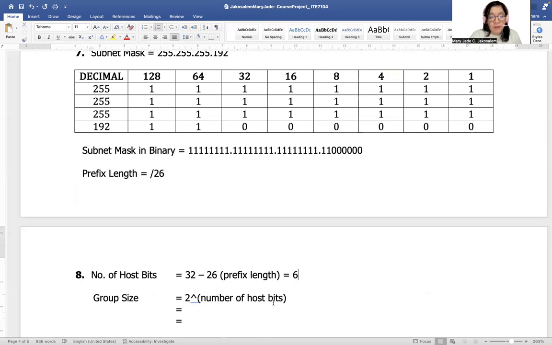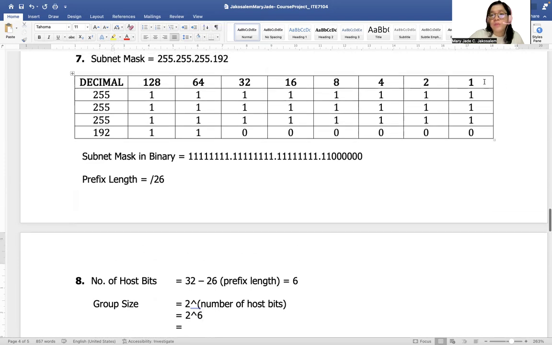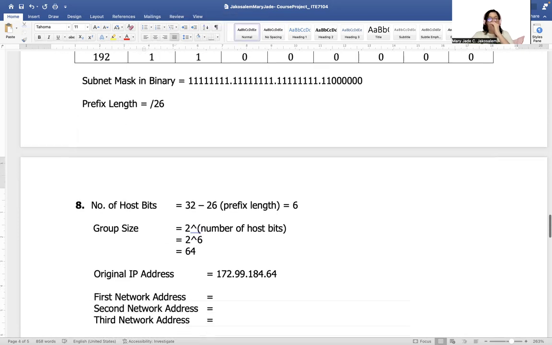Then, we have to solve for the group size. So group size is 2 raised to 6. And 2 raised to 6 is of course equal to 64. So our group size is 64.